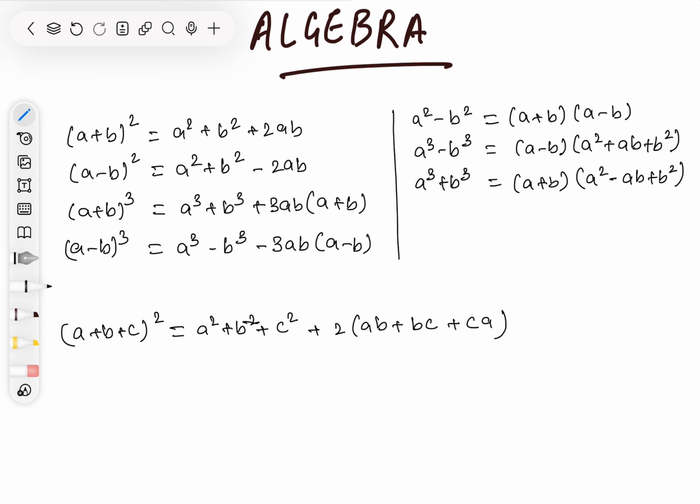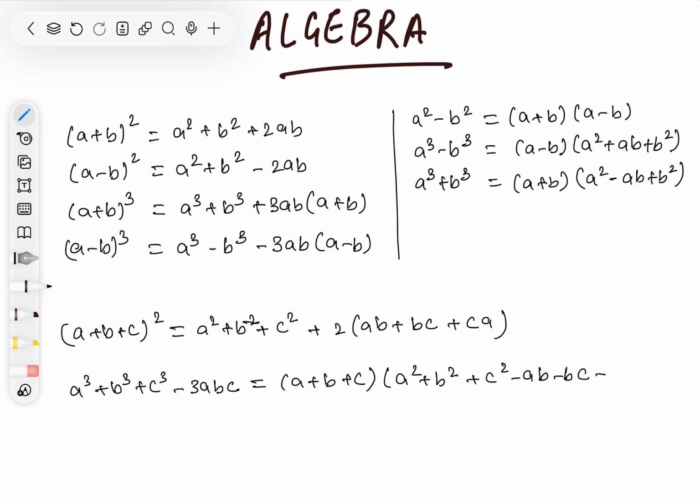There's one more formula that you can have a look at. Let's say if we have a cube plus b cube plus c cube minus 3abc, then this can be written as a plus b plus c times a square plus b square plus c square minus ab minus bc minus ca.